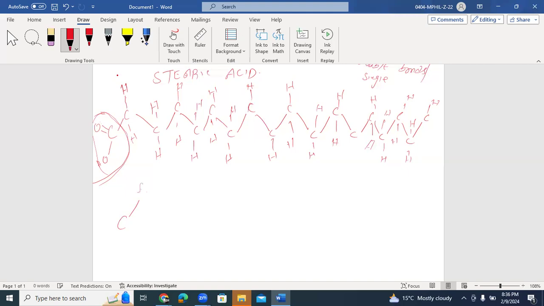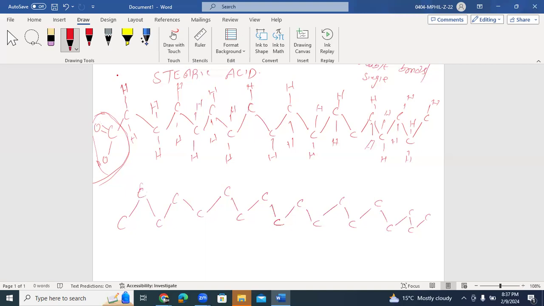This is 1, 2, 3, 4, 5, 6, 7, 8, 9, 10, 11, 12, 13, 14, 15, 16, 17, and this one is 18. How many carbon atoms were present in the case of stearic acid? There were 18. Here, the number of carbons is also 18.